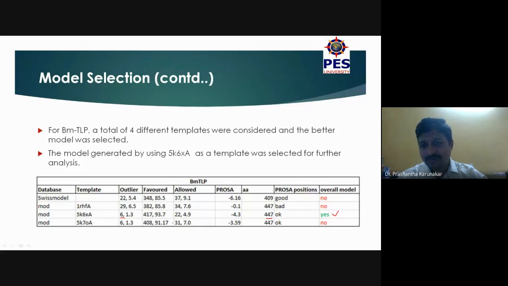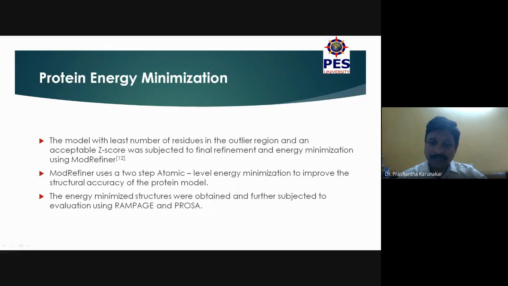So it's a tedious process, okay, but as long as we get a good, confident structure, till that time the iteration will keep happening. So the model with the least number of outlier residues is considered to be accepted, and we also looked into the Z-score. Further energy minimization of the protein was done using ModRefiner, which works on a two-step method.